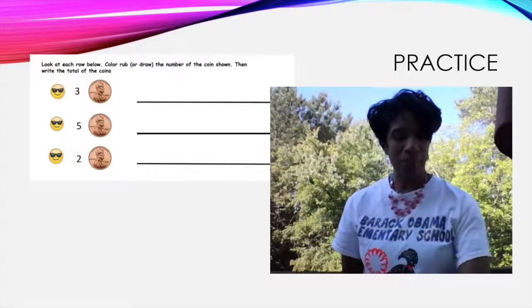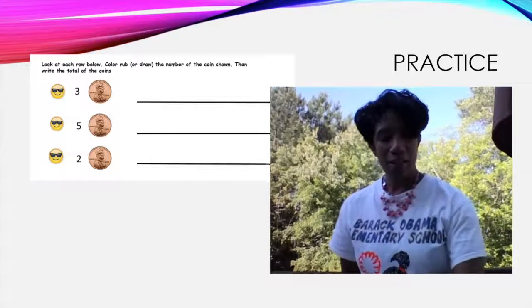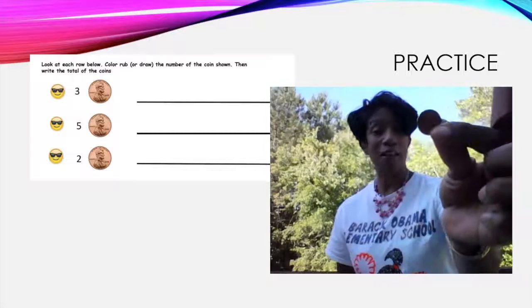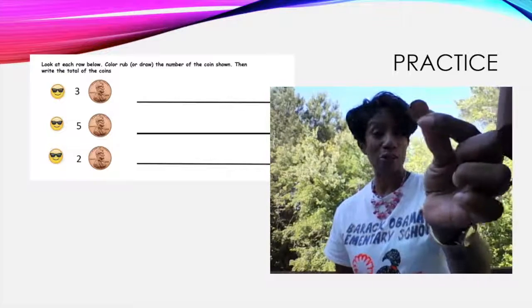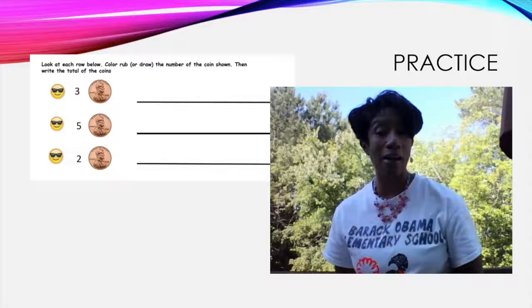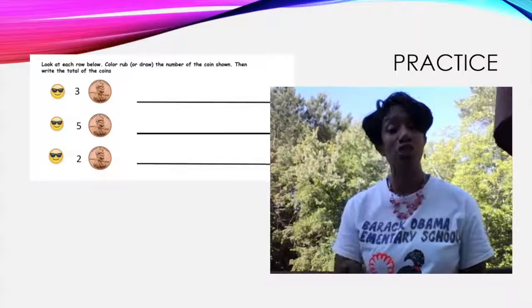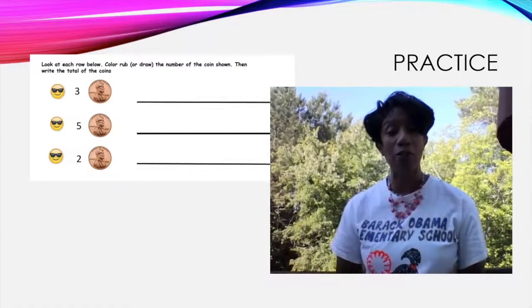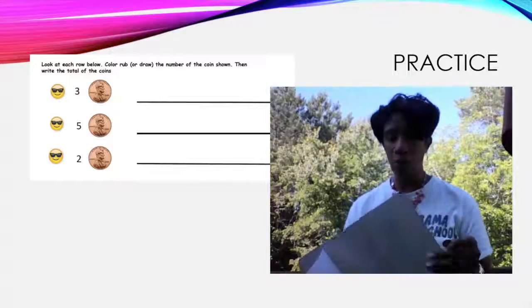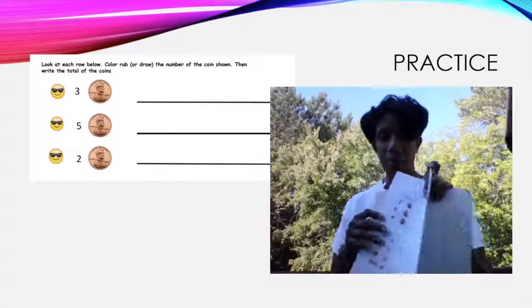If you have your own penny at home, you can do the color rub. If you don't have your own penny at home, then you can just draw it. So I'm going to show you how to do a penny rub. I'm going to take my paper.